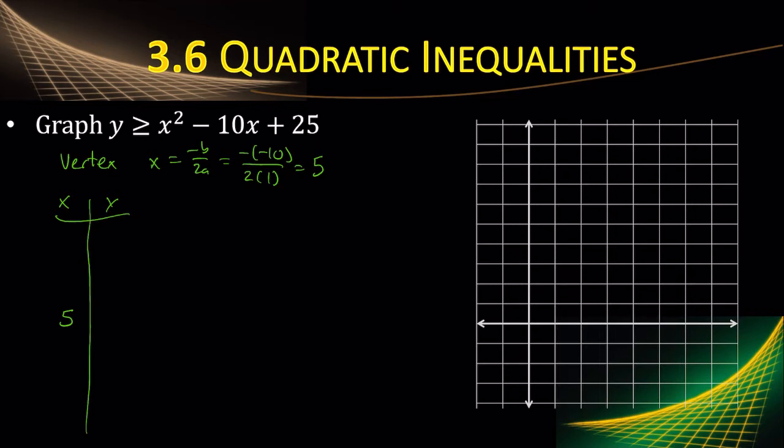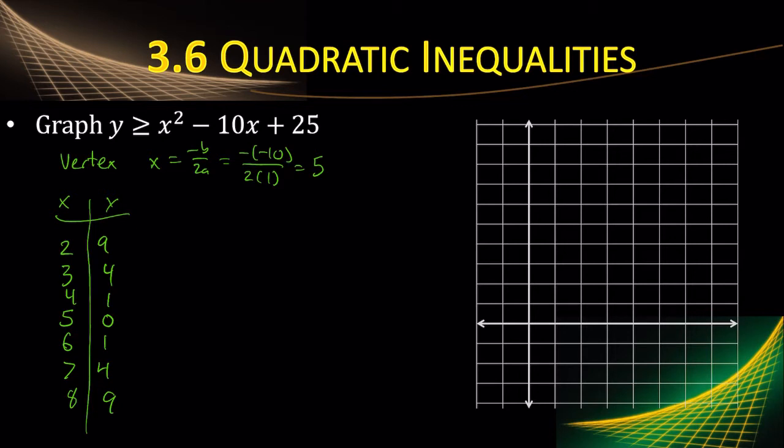I'll put it in the calculator: x squared minus 10x plus 25. So I have 2, 9; 3, 4; 4, 1; 5, 0; 6, 1; 7, 4; 8, 9.